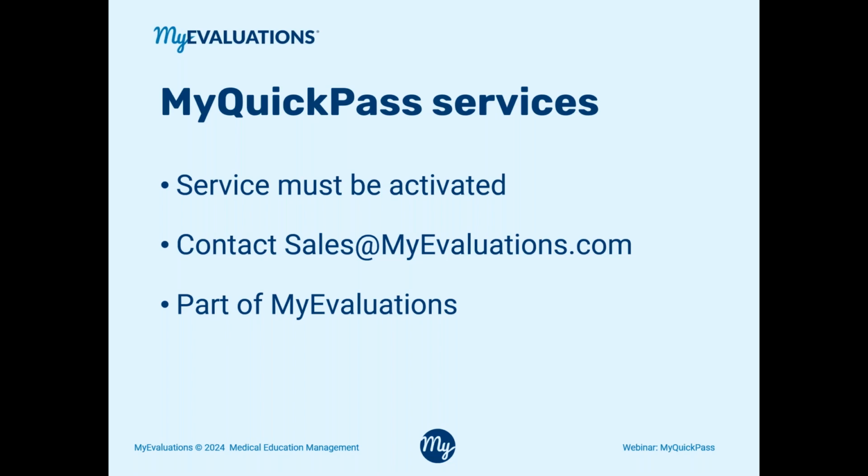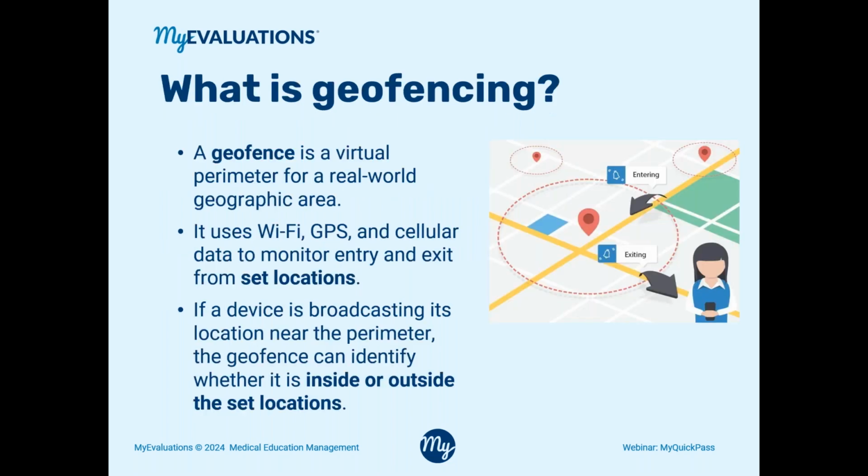So in thinking about MyQuickPass, let's talk a little bit about what the technology is and the functionality. One new vocabulary word you want to add is the idea of geofencing. It's very important that you understand that we are talking about geofencing, and I'm going to distinguish that from what MyQuickPass is not. We'll talk about that a little bit later on. So what is geofencing? Well, geofencing is the ability to set a virtual perimeter around a real world location.